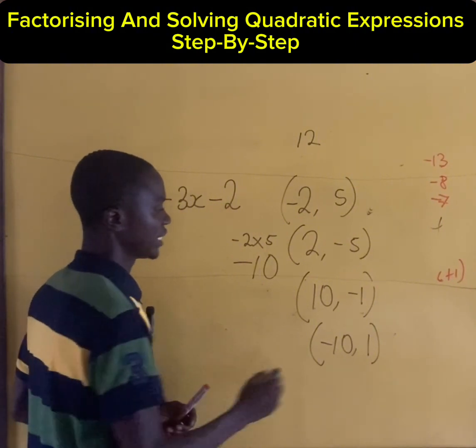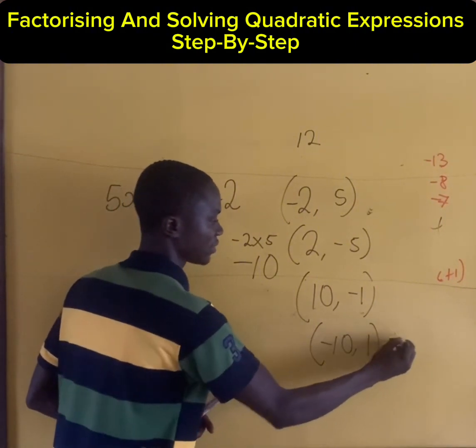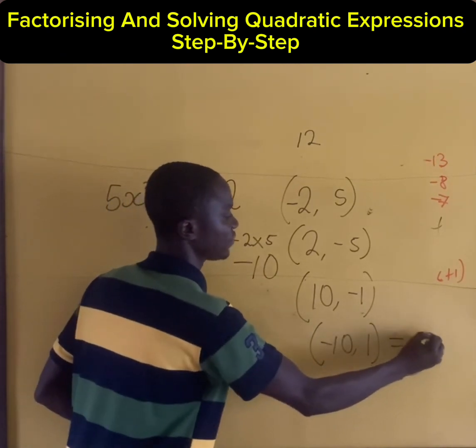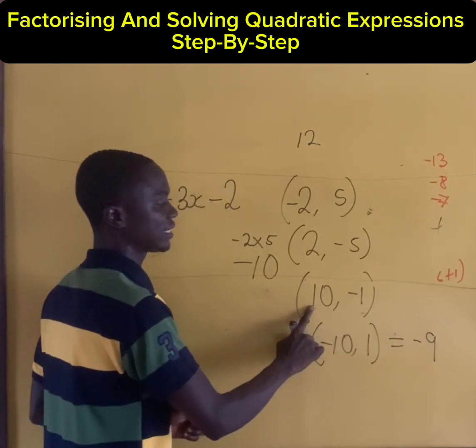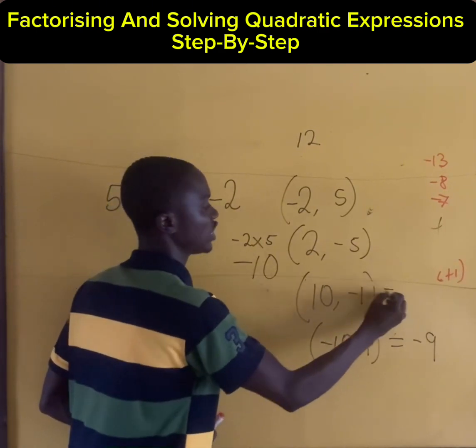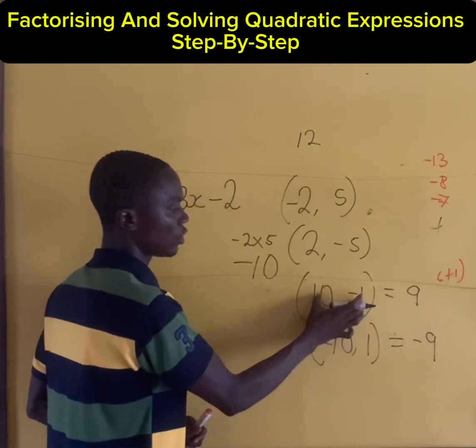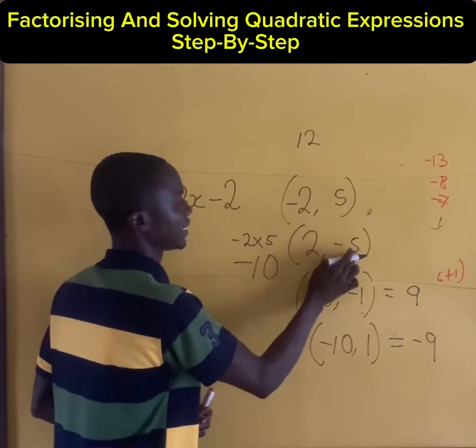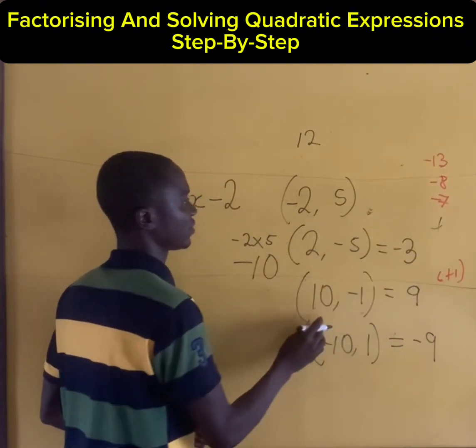Now, you see that if you add this, negative 10 plus 1 will give me negative 9. 10 plus negative 1 will give me positive 9. So you see that all these will give me different answers. And here, 2 plus negative 5 will give me negative 3.